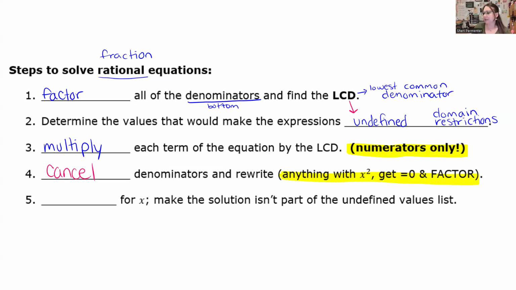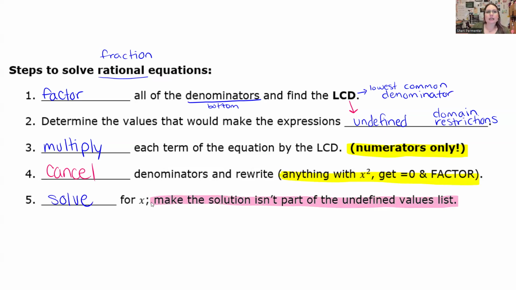And last, we're going to solve for x. And make sure the solution isn't part of the undefined values list. Okay, this is important. We cannot forget this. We have to make sure that the solution isn't part of the undefined values list, because if it is, it can't be a solution.